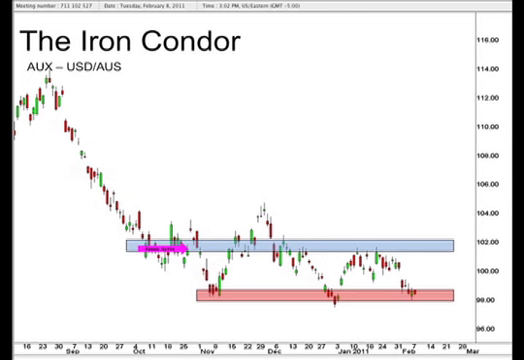So we know that ultimately we could sell call options above 102, collect the premium, and if the pair stays below 102, well, we keep that premium. We also know that the AUX has been maintaining a support level at 98.